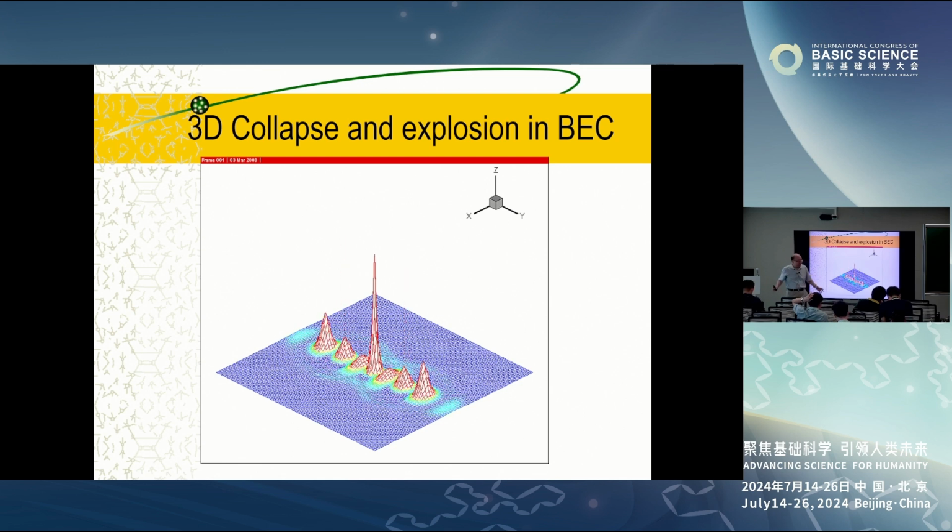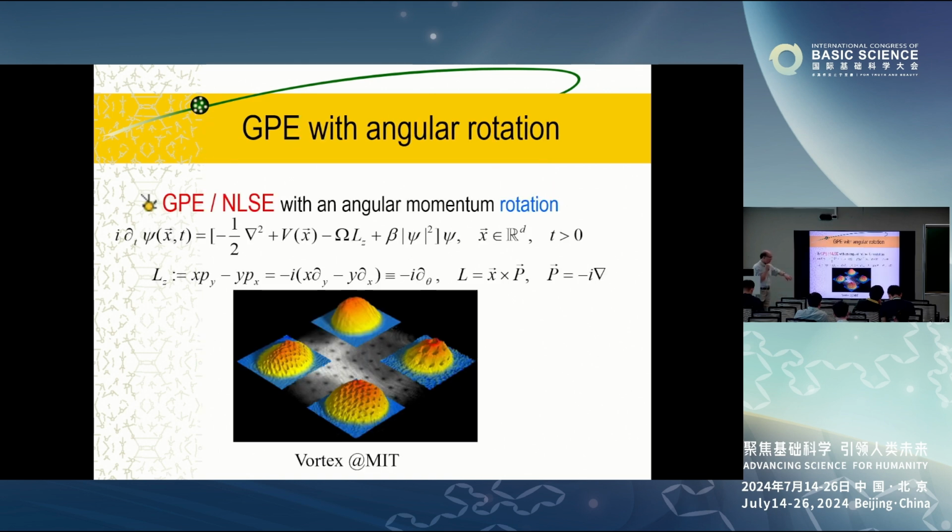So it's a sequence of explosion, collapse, explosion, collapse. At that time we had this result, which agrees with the experiment very well. Even one of the Nobel Prize winners, I think Edward Cornell, asked for our simulation results to verify against experiments.